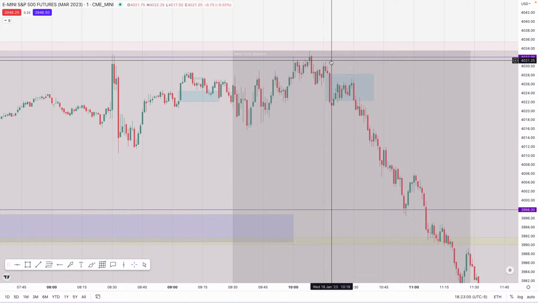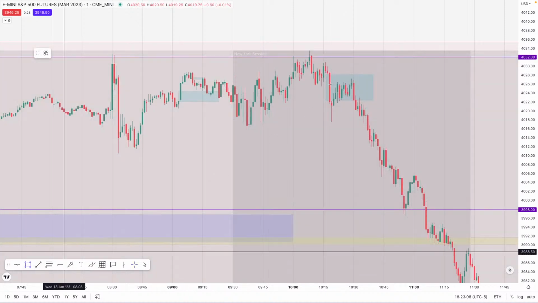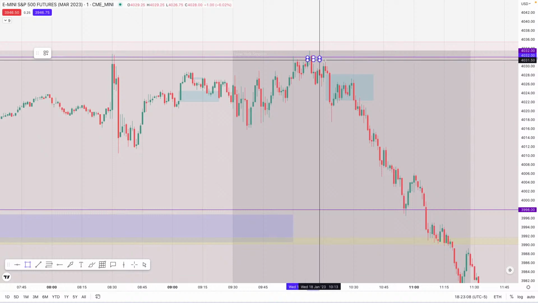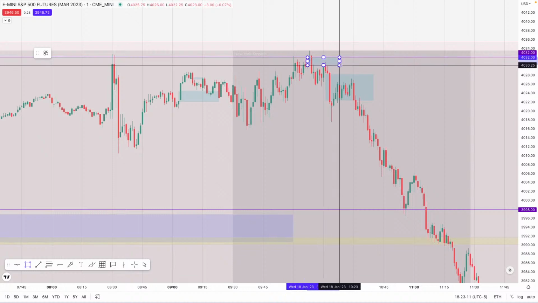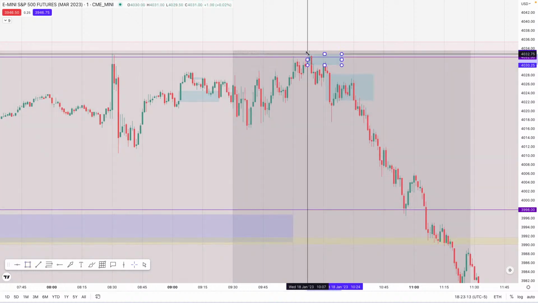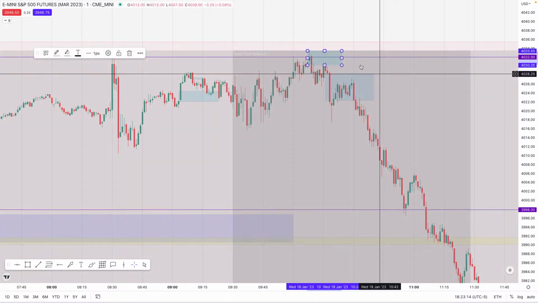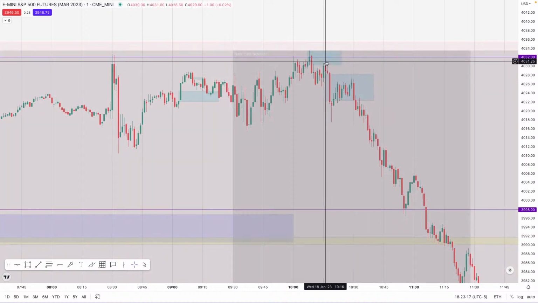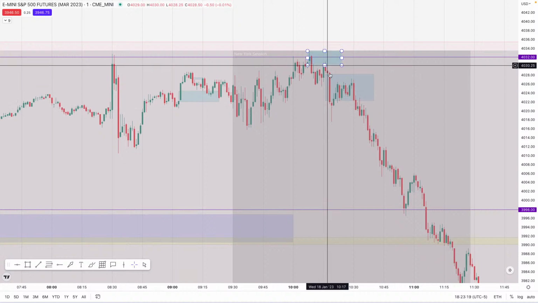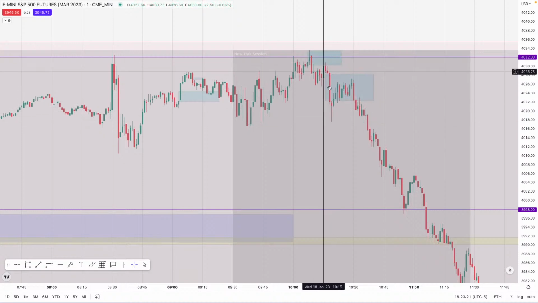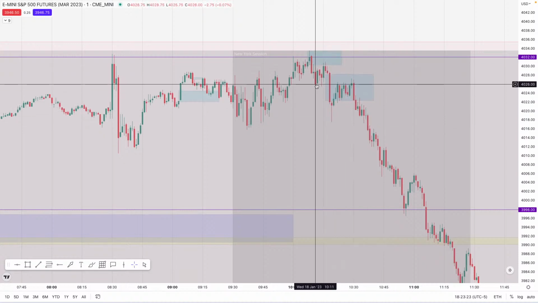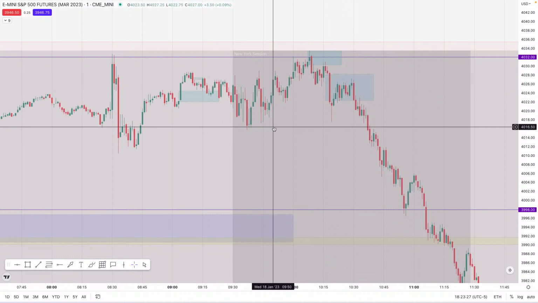Work our way back up into this order block. Okay, hit the order block and displace away again very quickly, leaving a fair value gap, which you see here. And then we also have a swing low that's created here.